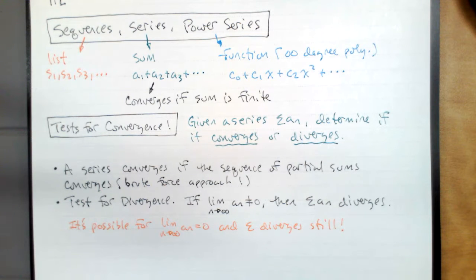Oh, yes. So it's possible for the limit of the terms to be 0 and the series still diverges. Our favorite example of this is the harmonic series.